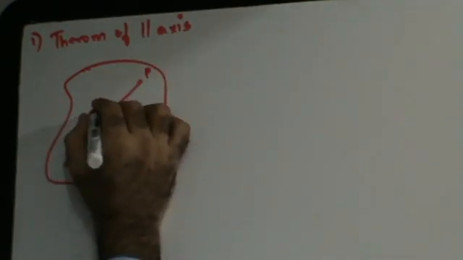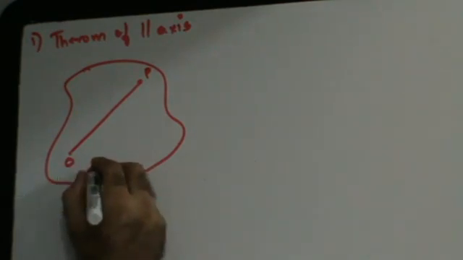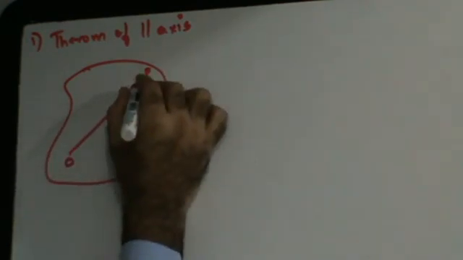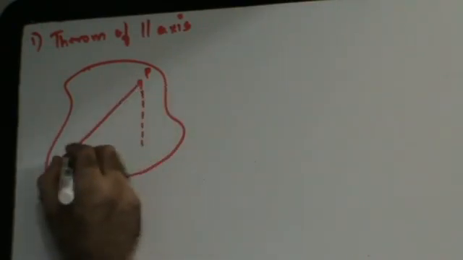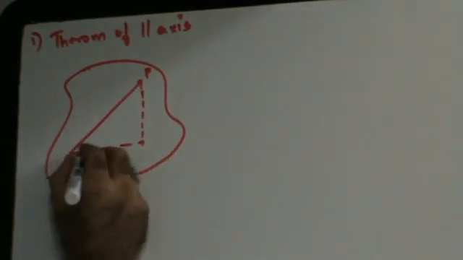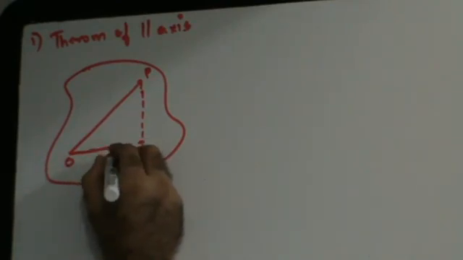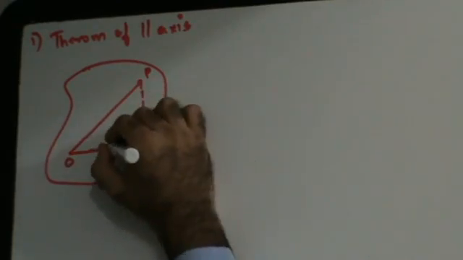You want to find out the moment of inertia of point P. Let's also drop a perpendicular from here. Let's consider this point as C, which is at a distance of R, and this is D. Now, what do these points represent?